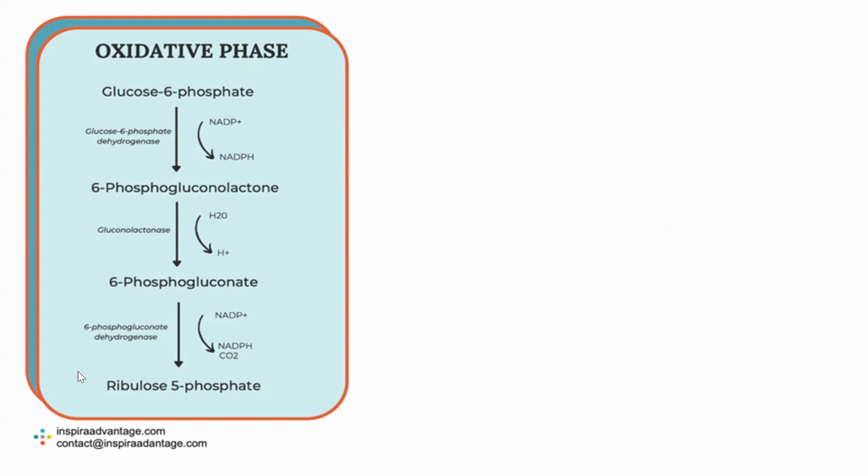The enzymes involved in the generation of this NADPH are glucose 6-phosphate dehydrogenase and 6-phosphogluconate dehydrogenase. At the last step, carbon dioxide is also removed, so this is a decarboxylation reaction.